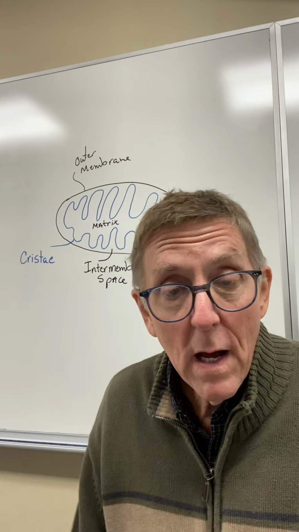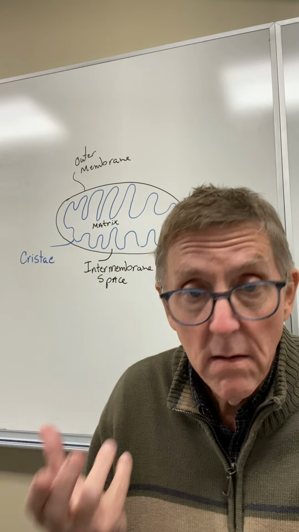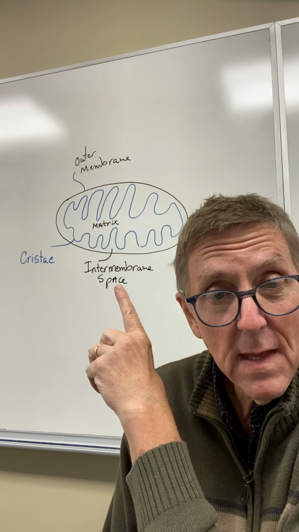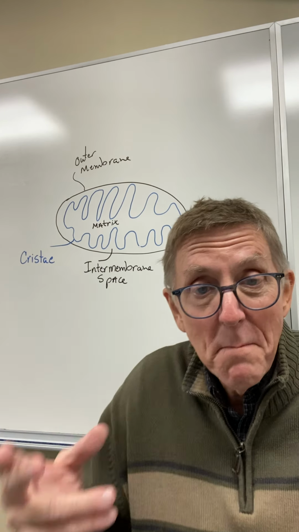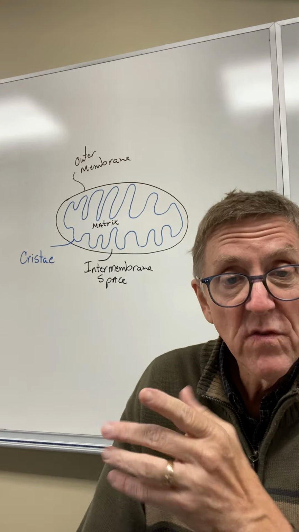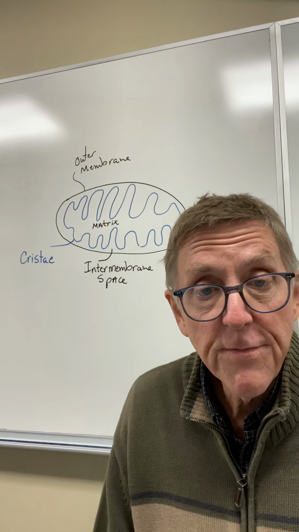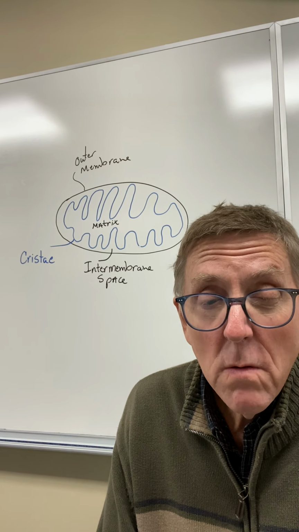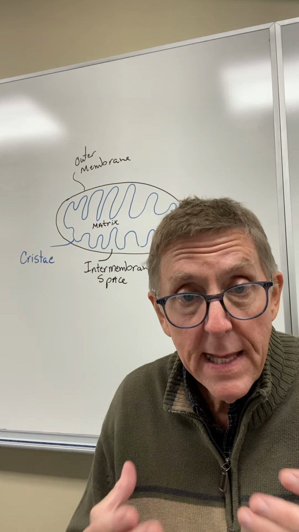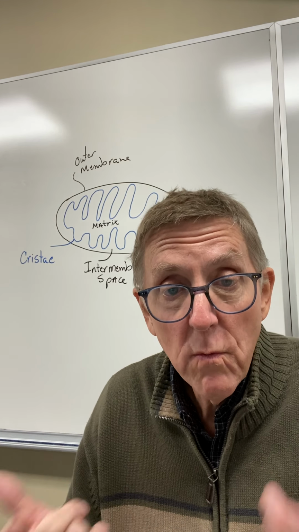So it persists, and whenever we talk about cell division, cells splitting in two, these things do the same thing. They're inside of you making more of themselves prior to cell division. So there's a lot of reasons to believe that these were free-living microbial type organisms that somehow ended up inside of our cells in what we would refer to as a symbiotic relationship.